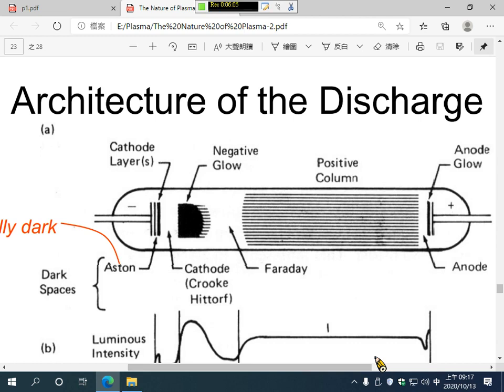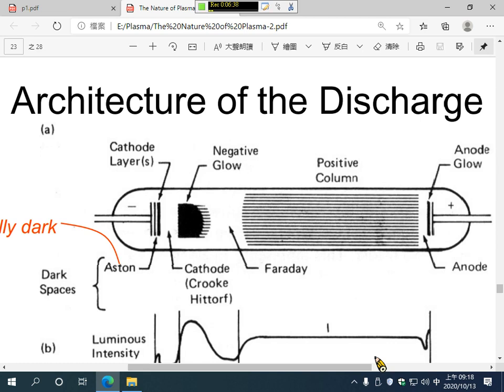At the beginning, the electrons coming out from the cathode surface accumulate near the cathode surface. And since there is a strong electrical field here, the electrons will start moving toward the negative glow, along this direction.